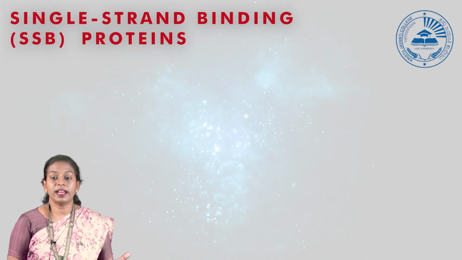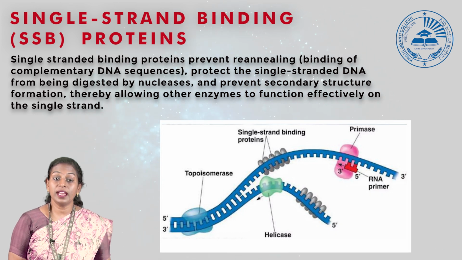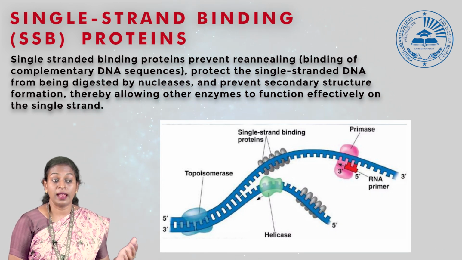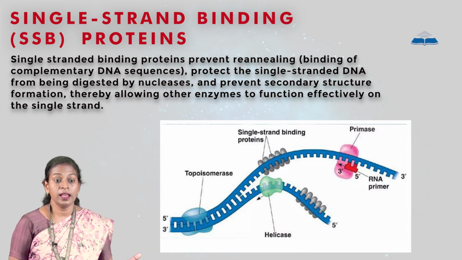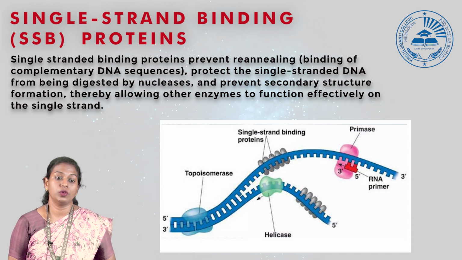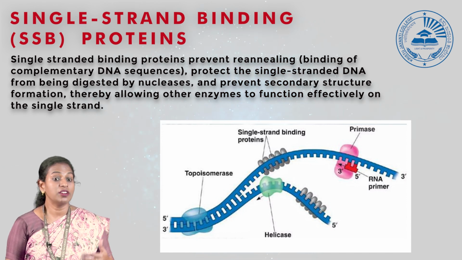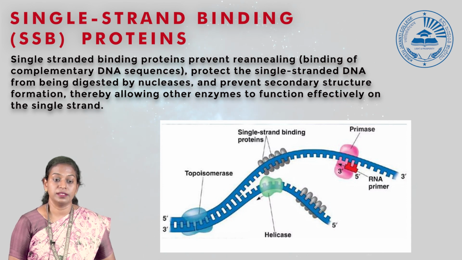The single-stranded binding protein is the next protein for discussion. It prevents the re-annealing of the DNA, protects the single-stranded DNA from being digested by nucleases, and prevents secondary structure formation until replication is completed.